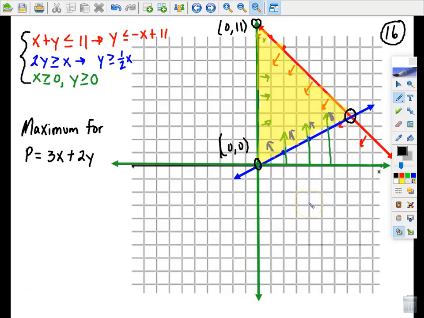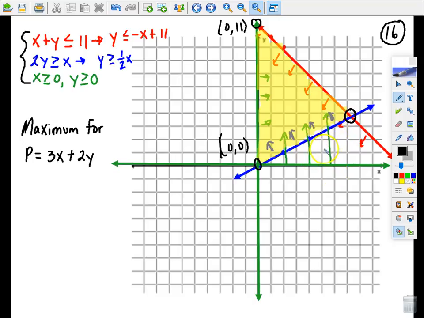And I can't guess. We had something like this come up the other day, and it looked like a half, and it turns out that it was. But we can't just look at this and guess and say, that looks like a fourth, or that looks like a third. We have to know exactly where those two lines cross, the red and the blue.